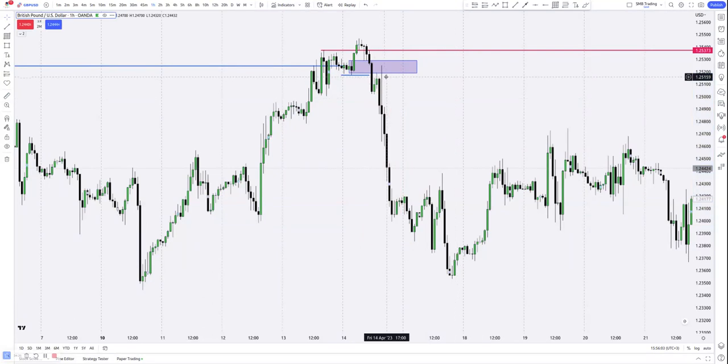So 100 pips selling inside of a higher time frame bullish market, because this is today's bias, not the overall bias.